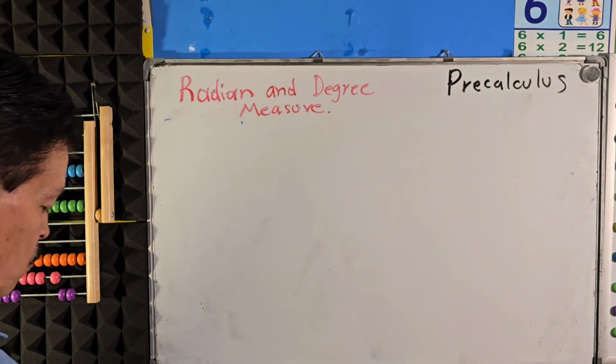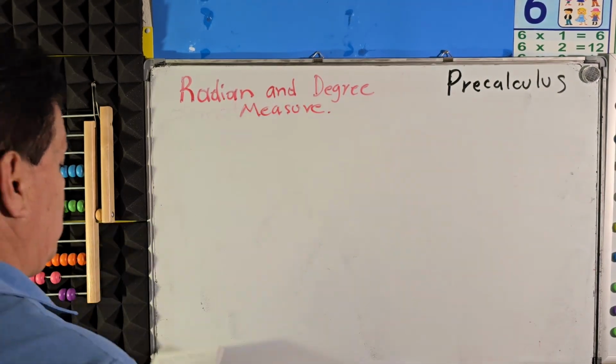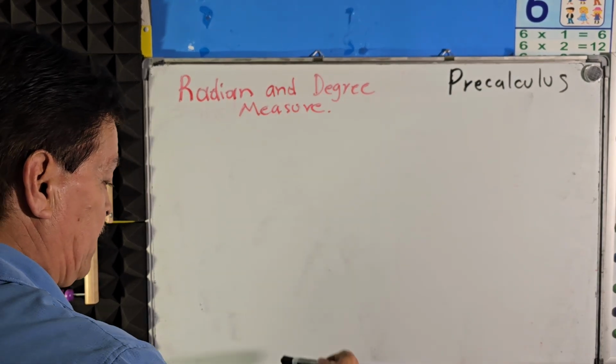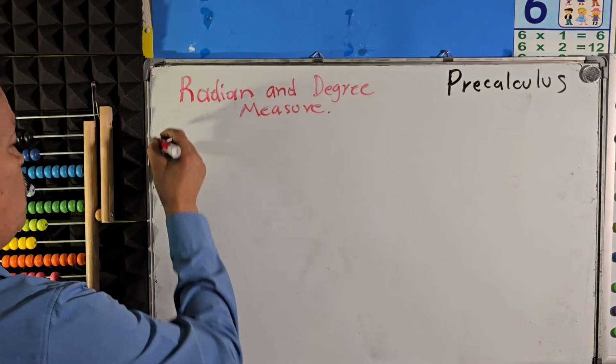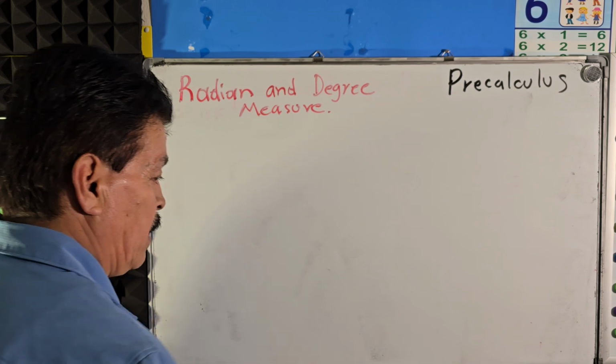So, section number 2. Let's write: convert between radians and degrees. Oh, this is red color, I don't just use the white one.